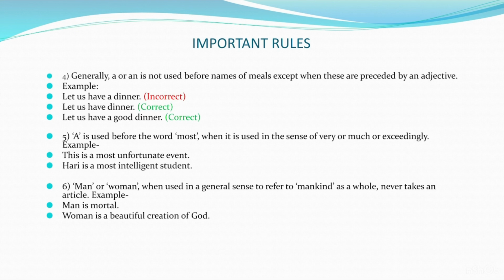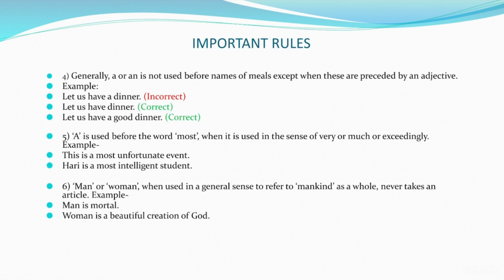Some more important rules. Generally, a or an is not used before names of meals, except when these are preceded by an adjective. Let me explain this with an example. If I say, let us have a dinner, then that will be incorrect, wrong.